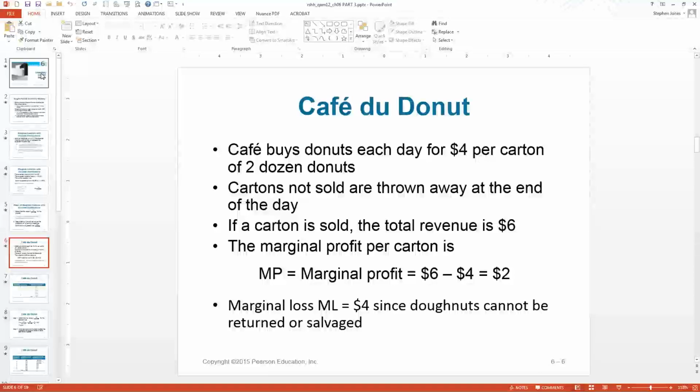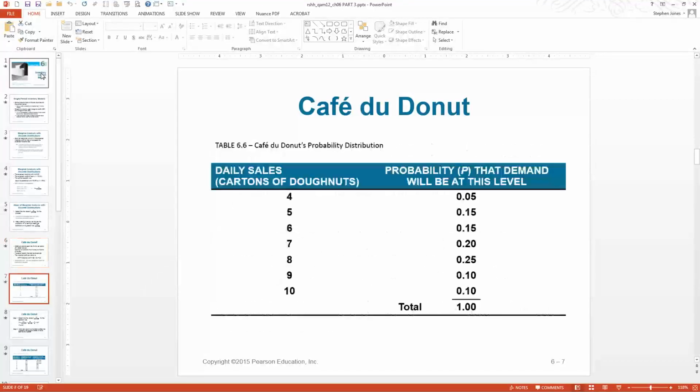And if they are able to sell a carton of 2 dozen donuts, they're going to sell it for $6. And if they can't sell the carton, then it's going to be a $4 loss. It's a total loss. If you can't sell it, then it's gone. There's not a residual profit that you can get out of that. That's how this problem is set up.